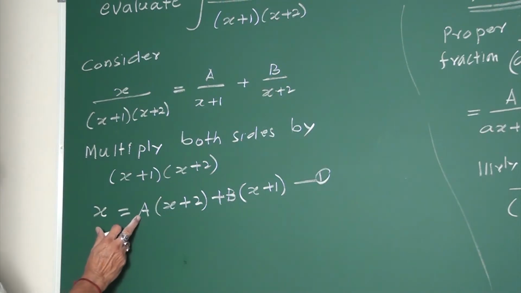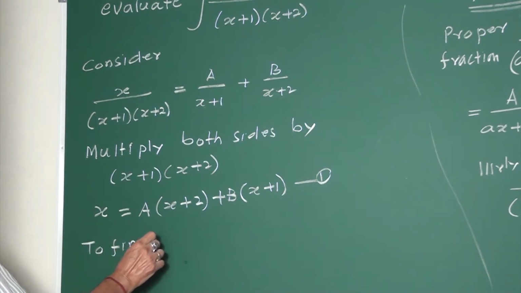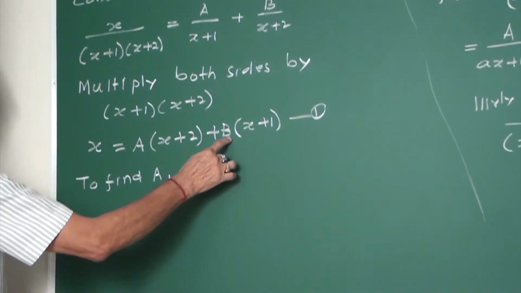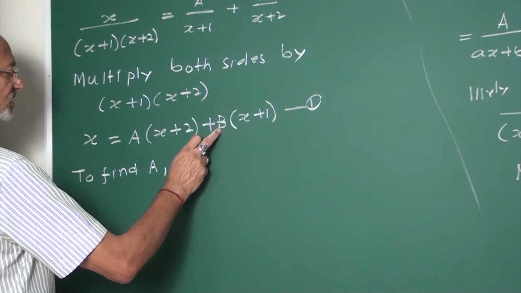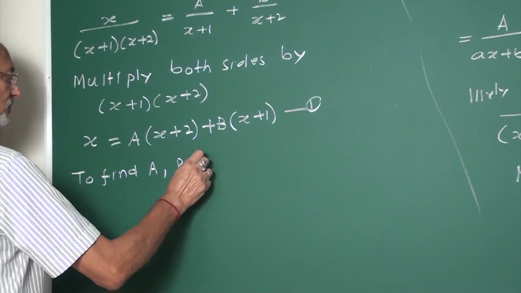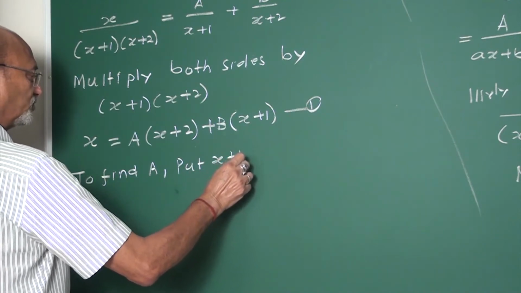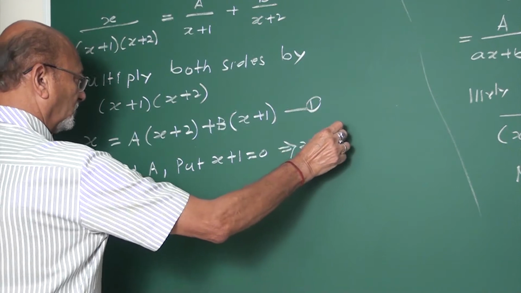Now I have to find the values of A and B. To find A, the first unknown, you have to make this 0. You can't put B as 0, why? It is a constant. Then you have to put its coefficient 0. Put x plus 1 equal to 0. When x plus 1 is 0, what is the value of x? Minus 1.